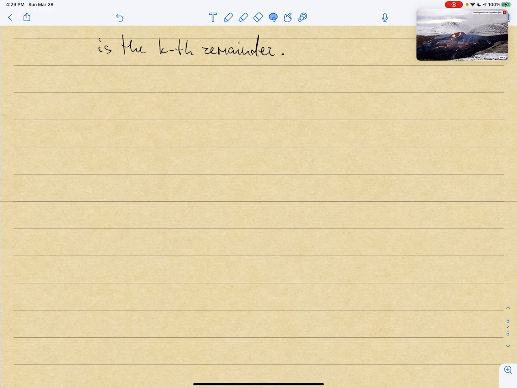And we have a theorem due to Taylor that states the following.